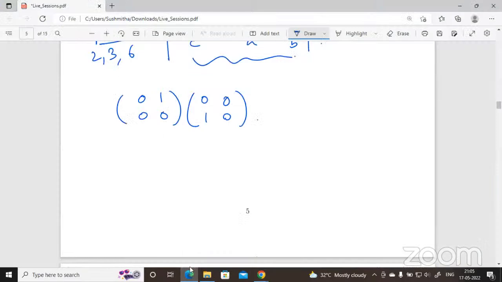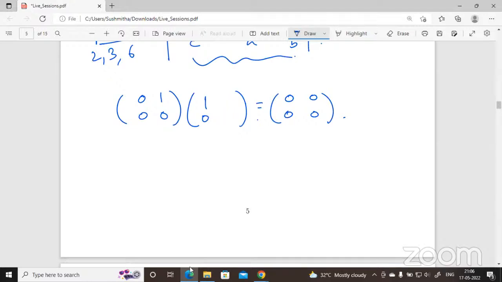Okay, fine. This is 0. This is non-zero. What about this one? Yes, this is 0. Oh, the determinants are 0. Take the identity matrix.